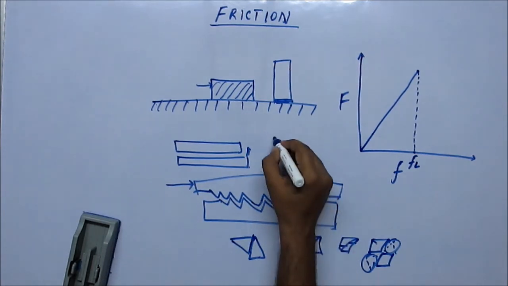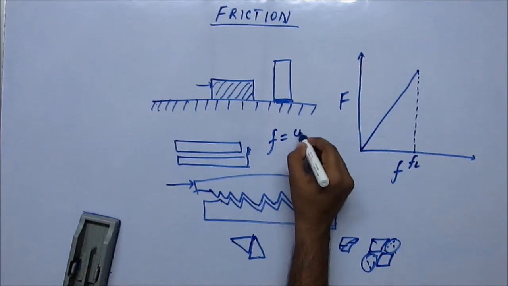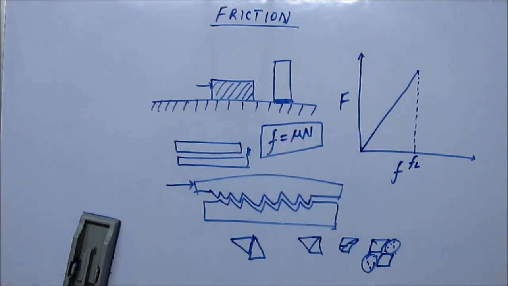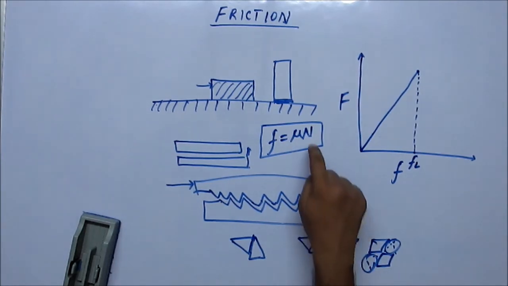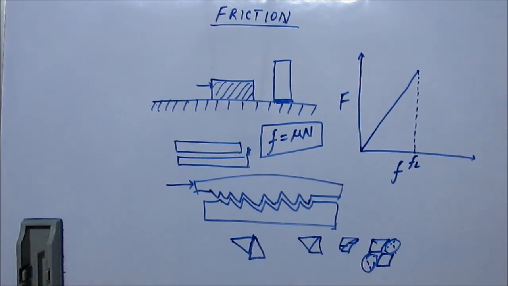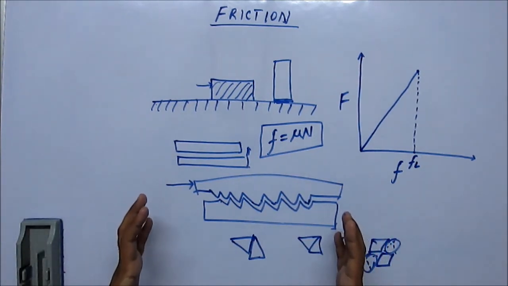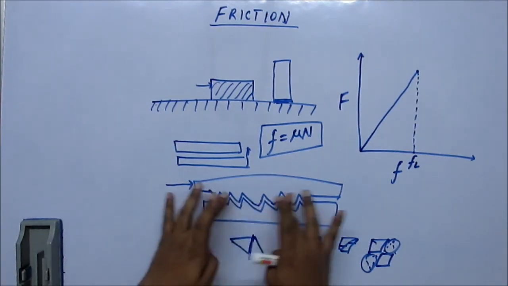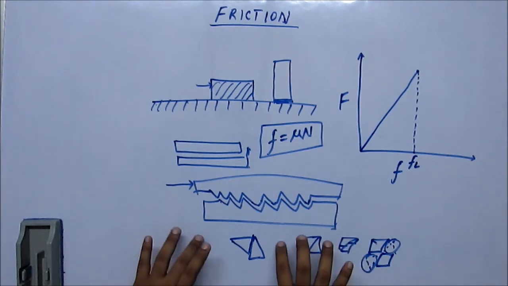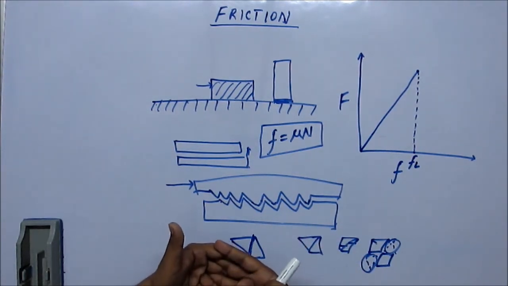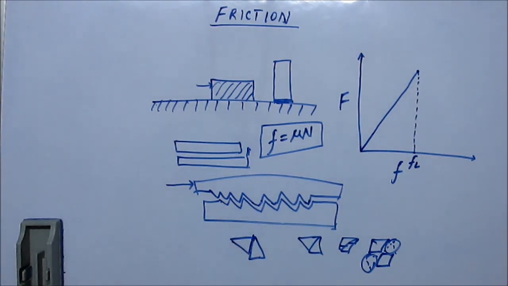The second thing that is important to understand is that friction does not depend upon the contact area. As I told you, mu does not depend upon the contact area, but friction depends upon the normal reaction. Why it should depend upon the normal reaction is, if the body is heavier, the lockings will be very tight. The upper surface will be seated very tight on the lower surface, so it will be a strong locking, and to break that strong locking will be difficult.